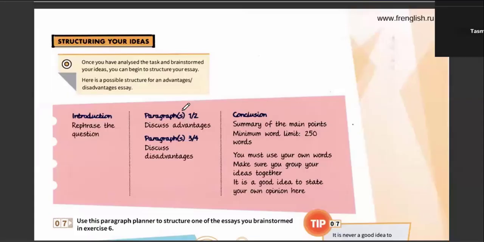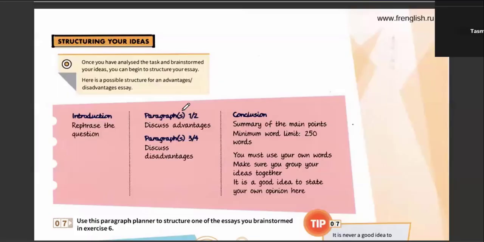Here, you can include your opinion. You can include your ideas. See, it is also written here. You must use your own words. Make sure you group your ideas together. It is a good idea to state your own opinion here. So in the conclusion, you will give a summed up opinion about the disadvantages and the advantages.